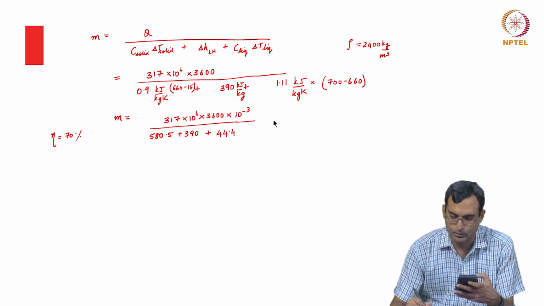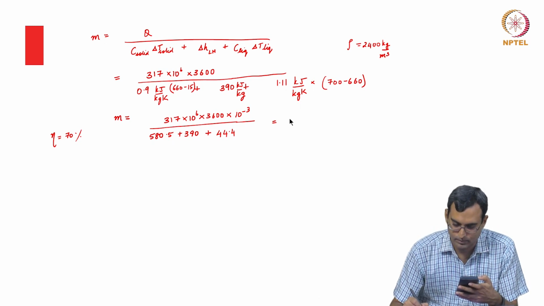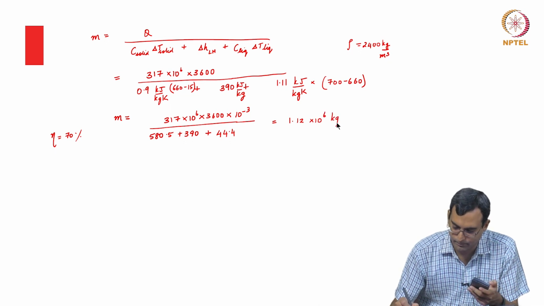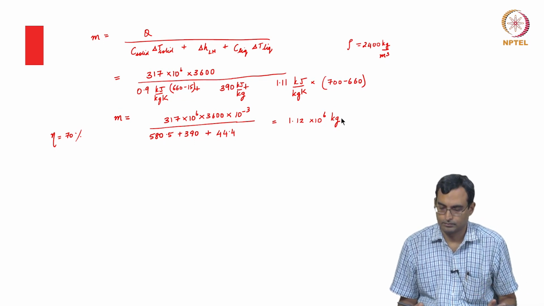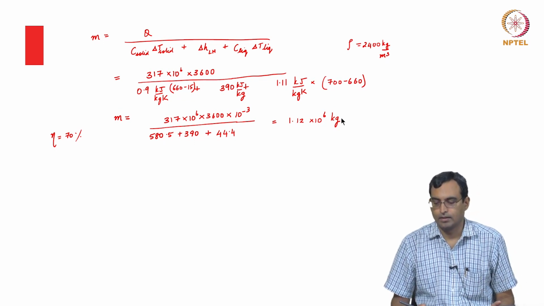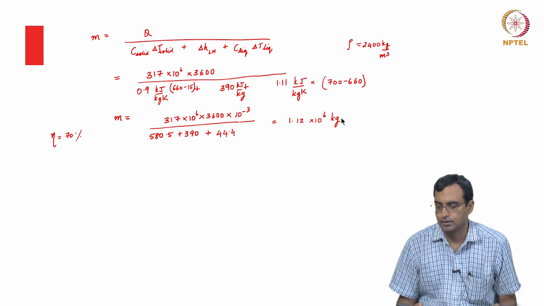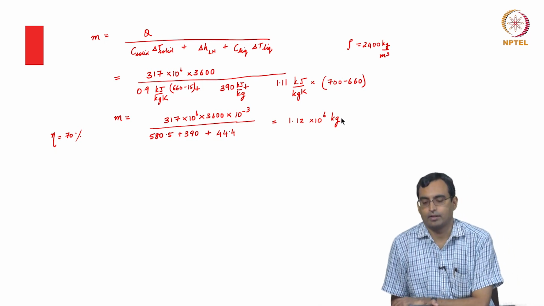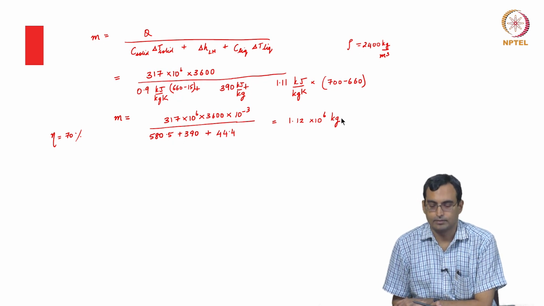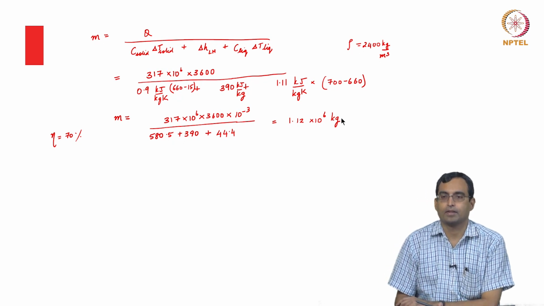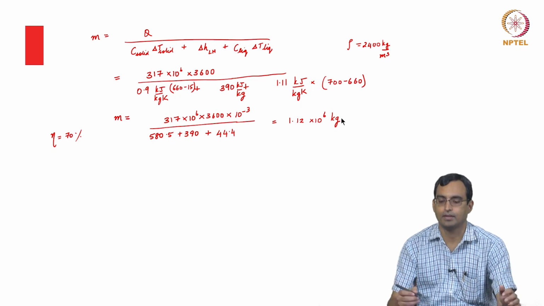So, I get the value as this. So, I can melt about 1120 tons of metal using this furnace, if all the heat which was given in this furnace was used for melting.